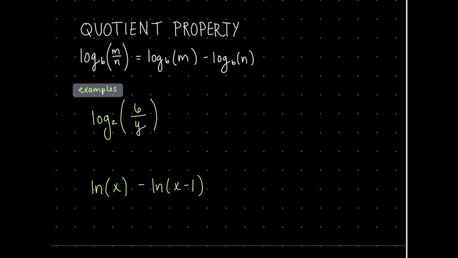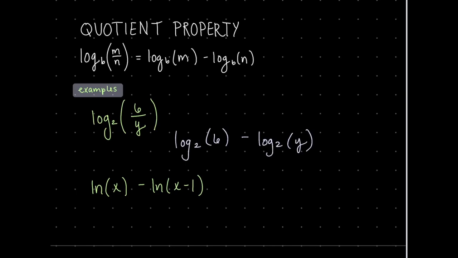So if we take a look at this example, I have log base 2 of 6 divided by y. So what that is going to expand to is they're both going to have log base 2. It'll be log base 2 of the numerator minus log base 2 of the denominator. And just like we could with the product property, I can also condense using the quotient property.